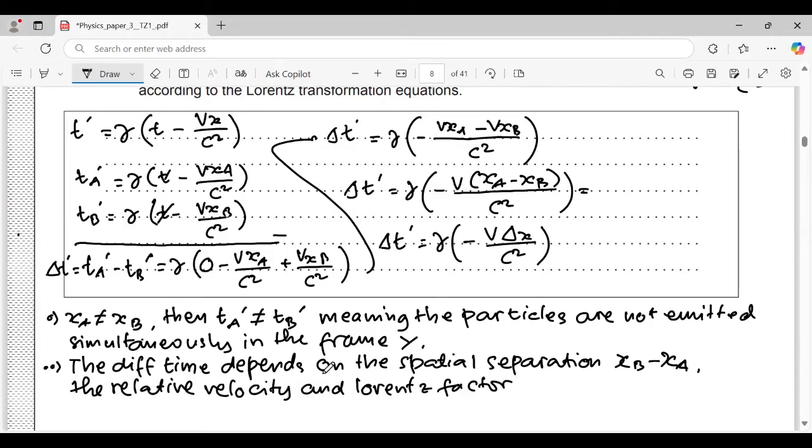So the difference in time depends on the spatial separation xB minus xA, depends on the relative velocity, and depends on the Lorentz factor. This one, the Lorentz factor, is gamma, right? What else? Yeah, I think that's enough.